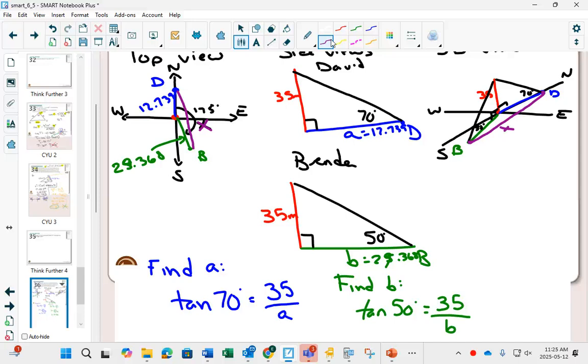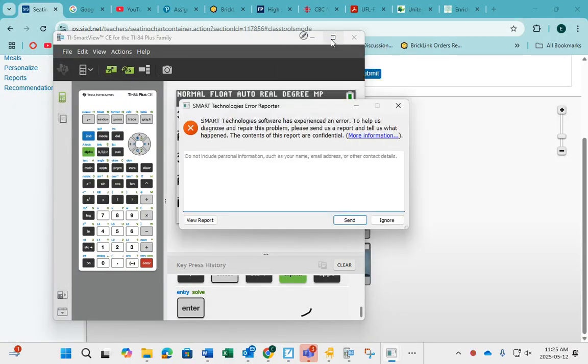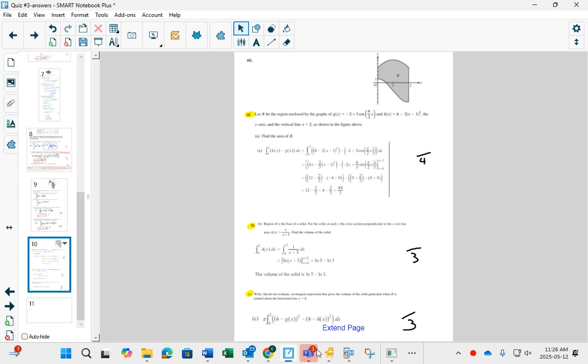Okay, that triangle, however, is not a 90-degree triangle. So we are not able to, oh, well, isn't that wonderful? We just had a magical error happen on our diagrams.